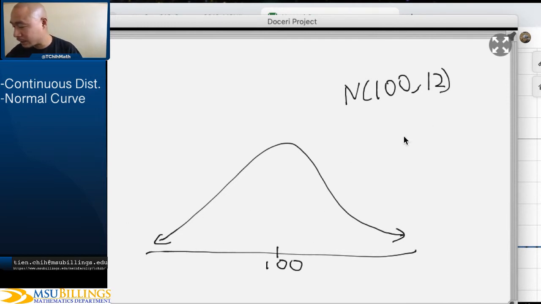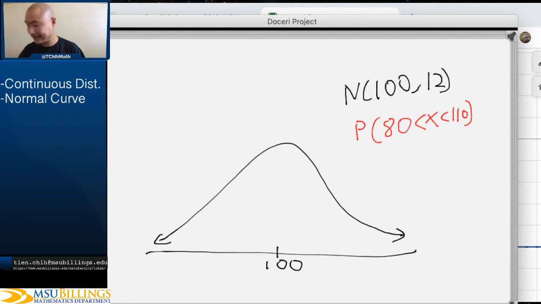And let's say we want to know the probability that someone scores between 80 and 110. So I go down here to 80, I go up here to 110.